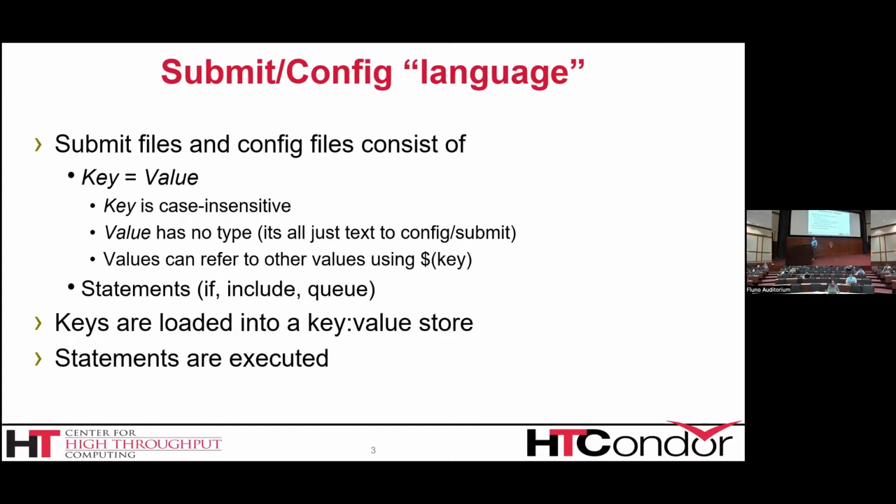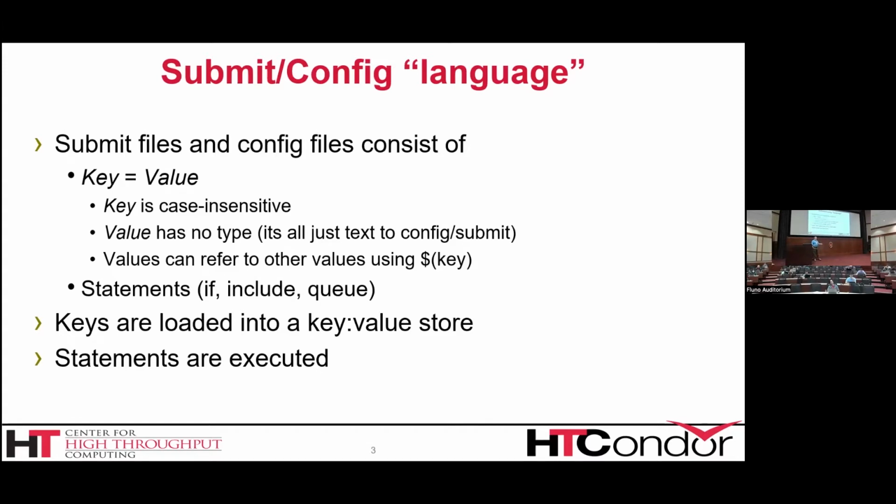All right. So the config and submit language is essentially a language for building up a short-term key value store that is used to control some part of Condor. In the case of the config system, it is used to control a daemon, or to control condor_submit and the other tools.